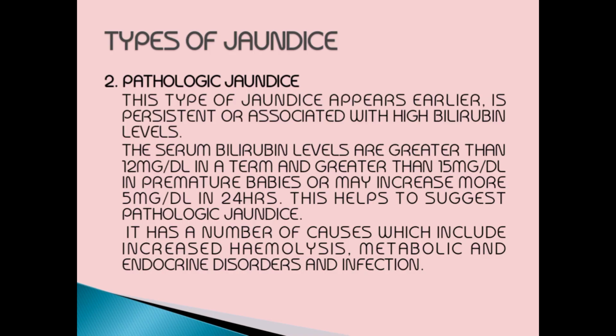So now, the serum bilirubin levels are greater than 12 milligrams per deciliter. If you compare it with physiological jaundice, we said the serum bilirubin in physiological jaundice does not exceed 12 or 13 milligrams per deciliter, but in pathological jaundice, you are going to find that 12 milligrams per deciliter will be exceeded in a term baby, and it is greater than 15 milligrams per deciliter in a premature baby.